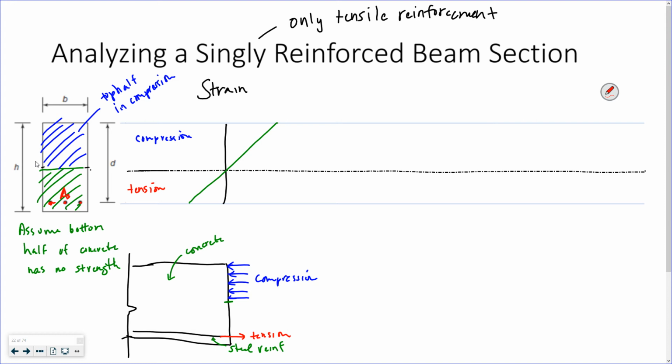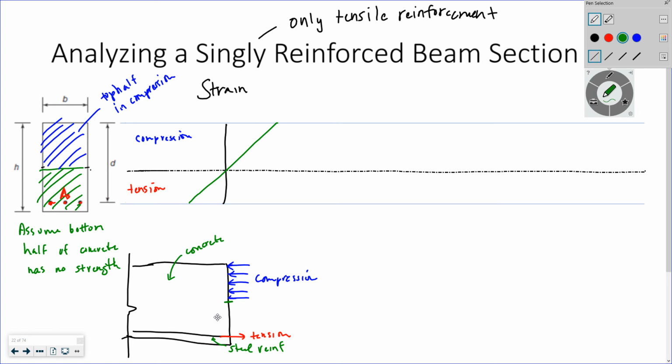So if I'm looking at my strain profile, this is looking at the strain profile along this line right here. So it's linear, and I'm gonna define a couple values.